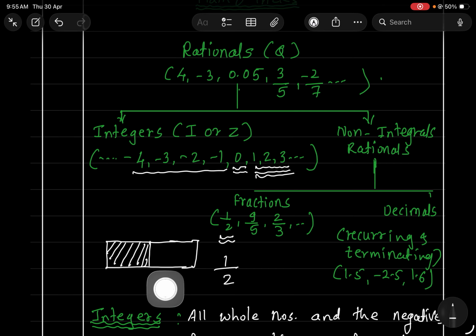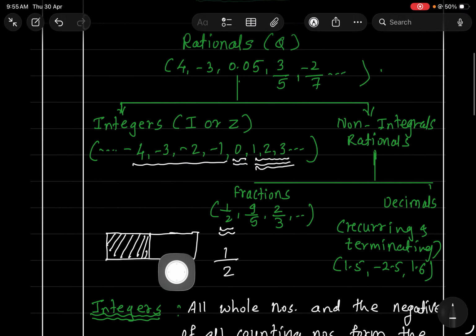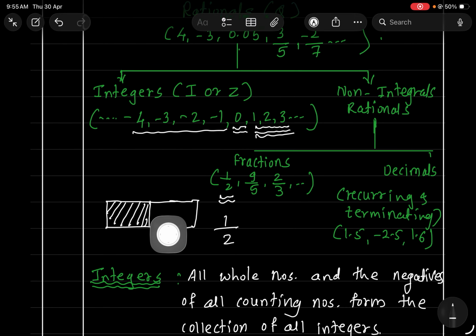You eat 1, and 1 remains. That becomes the fraction. You didn't eat the complete one, you ate the half one, and that half is 1 upon 2. That is the fraction. It is not complete, incomplete, that is the fraction.